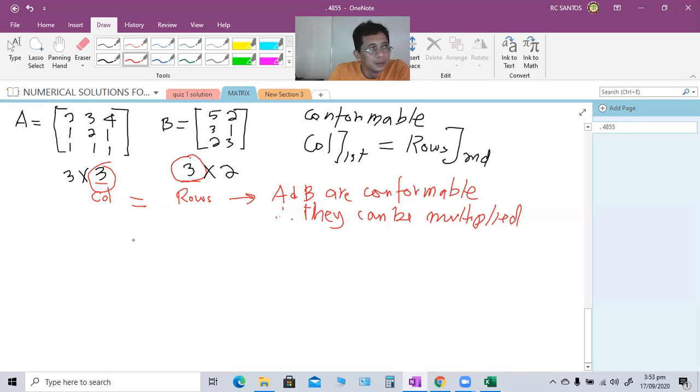So with the use of matrix and, of course, computer, that can be easily solved. In a program lang yan. So let me just simplify the discussion. Actually, the use of matrix is for the use of computer. So we use computer, we use matrix in solving large number of equations.